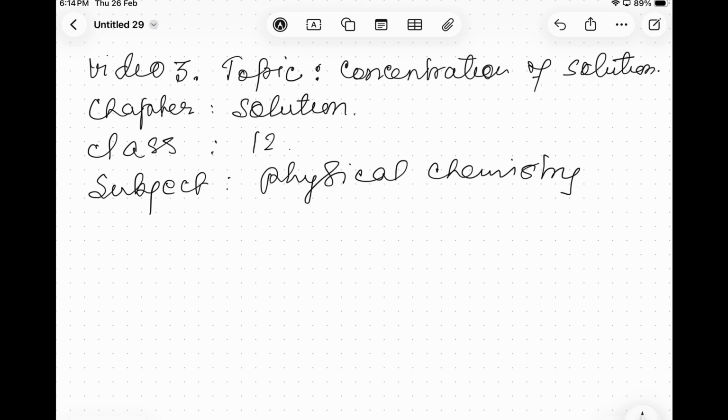In the previous video, I discussed what a solution is. Now comes the most important tool of this chapter, concentration terms.